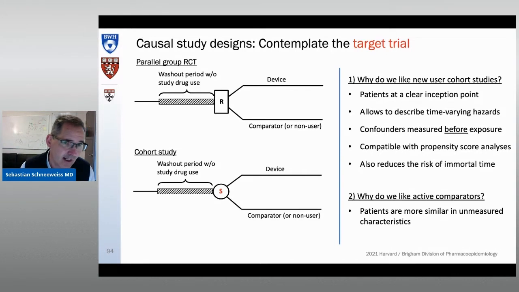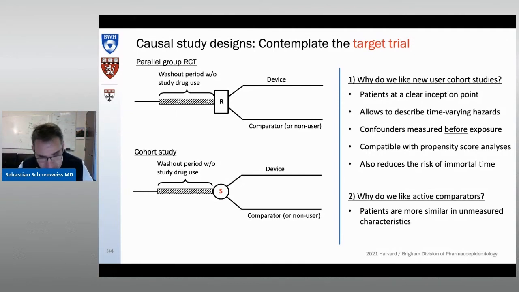Every randomized trial is a cohort study the day after randomization, right? In a cohort study, we don't have randomization. You see this little S replacing the R for randomization, S for selection. Patients self-select themselves, together with their physicians and insurance, into getting the device or not getting the device.